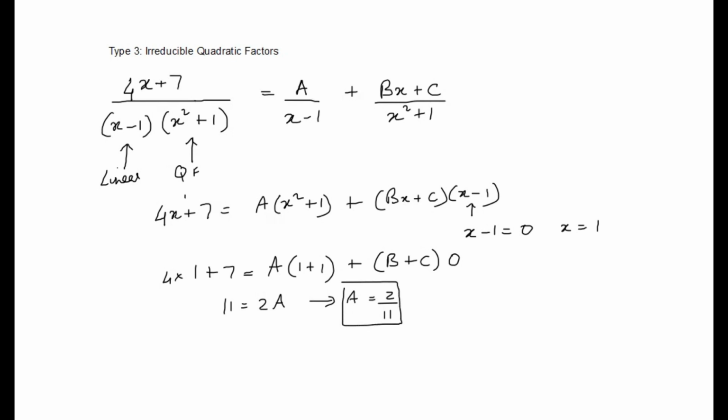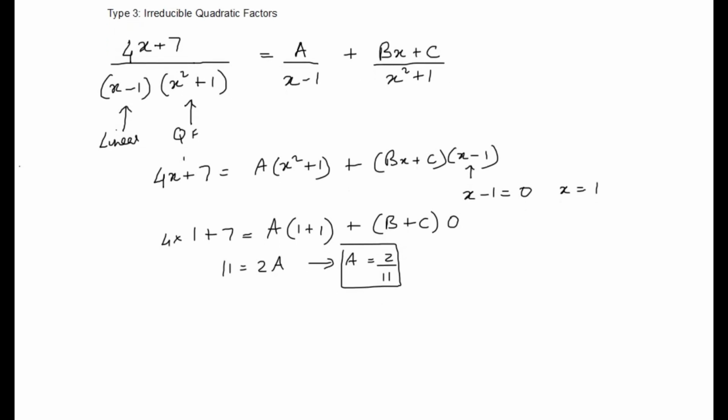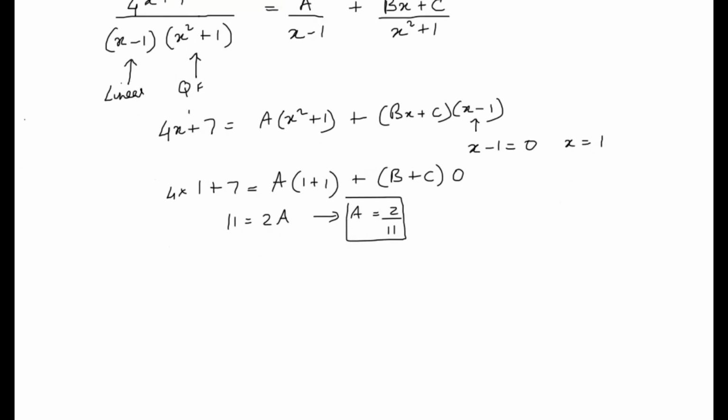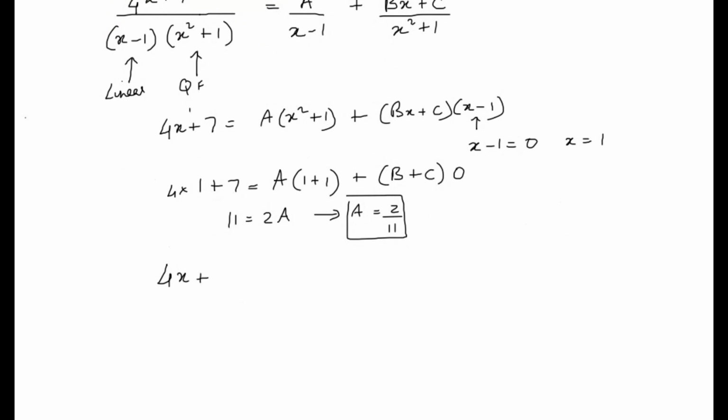Right, that leaves us with b and c. At this point, there are no further linear expressions that I can equate to 0, and therefore I just expand the whole expression. So 4x plus 7 is equal to ax squared plus a plus bx squared minus bx, I'm expanding this equation here, plus cx minus c.